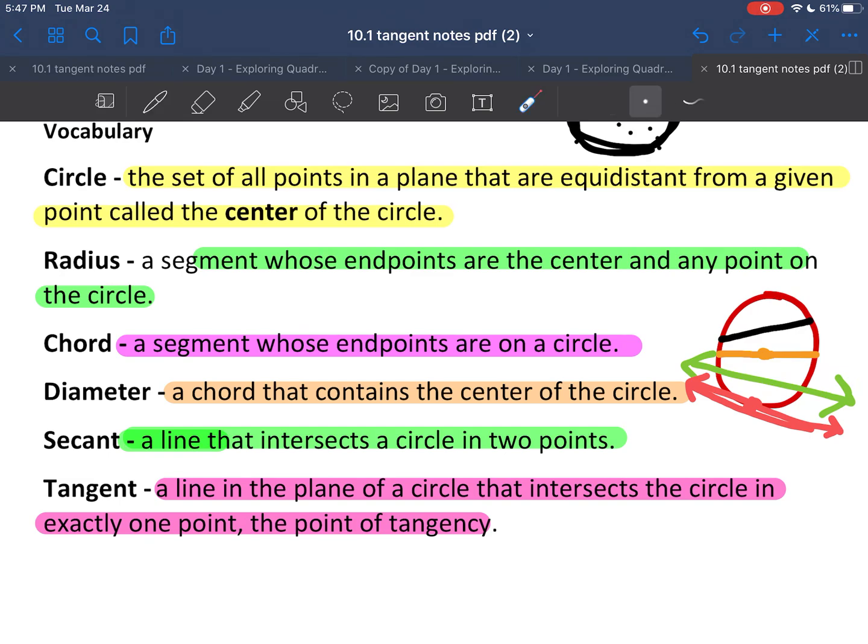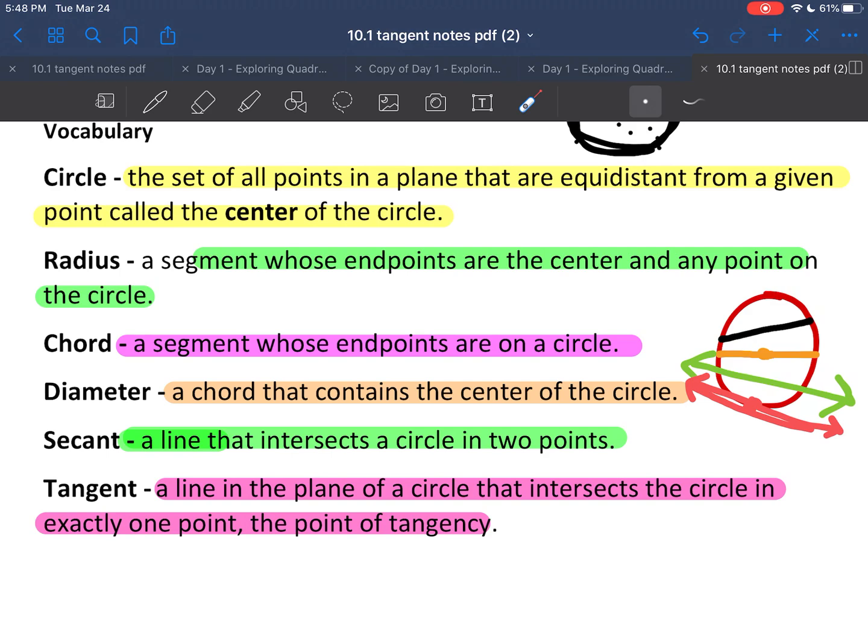It is a line in the plane of a circle that intersects the circle at exactly 1 point. So the key elements are the tangent is a line. Sometimes tangents can be segments, but we generally refer to them as lines. It intersects at one point, and that particular point is called the point of tangency.